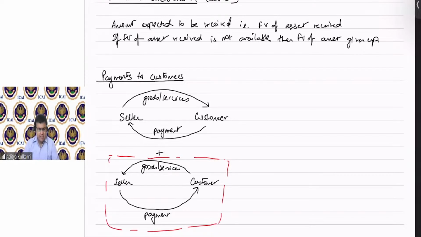Do you think this leg is normal or abnormal? Ideally, the seller should provide the goods or services and the customer should make the payment. The second transaction is something fishy, right? Something is fishy about it, and that is why this particular clause was introduced.